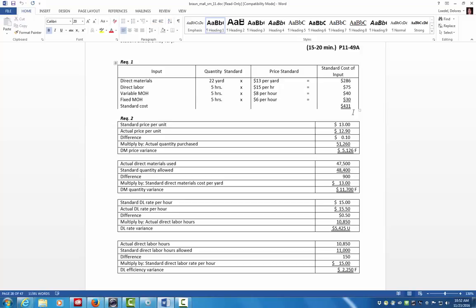So we're going to start with a direct material price variance. We are given the standard here of $13 that was given in the material.